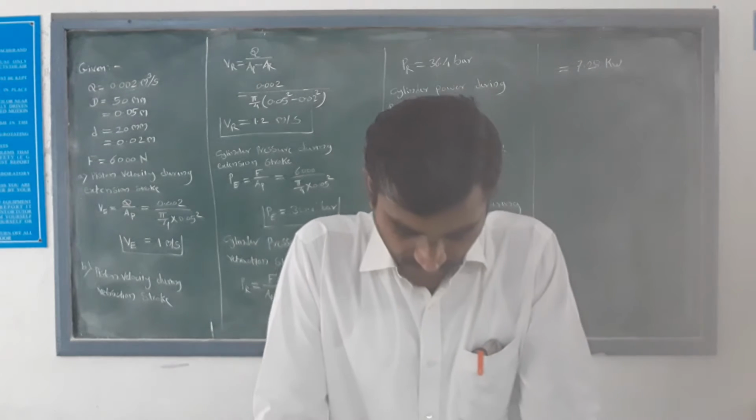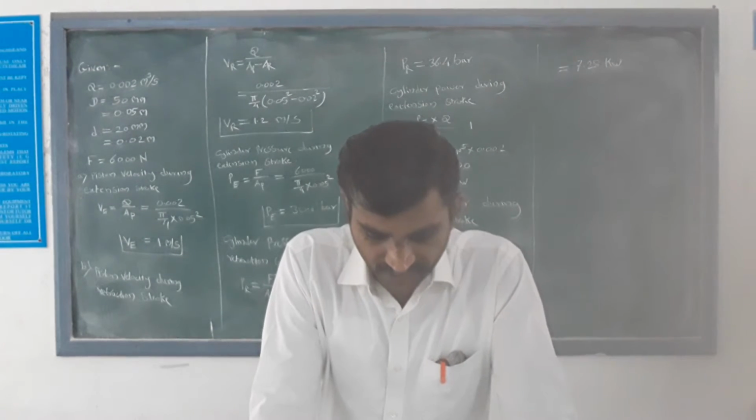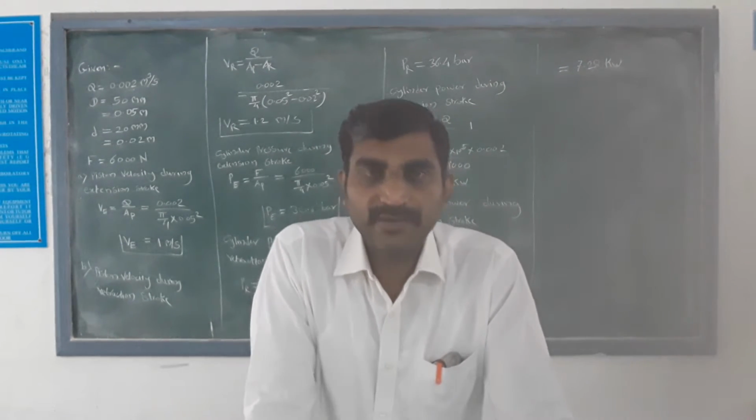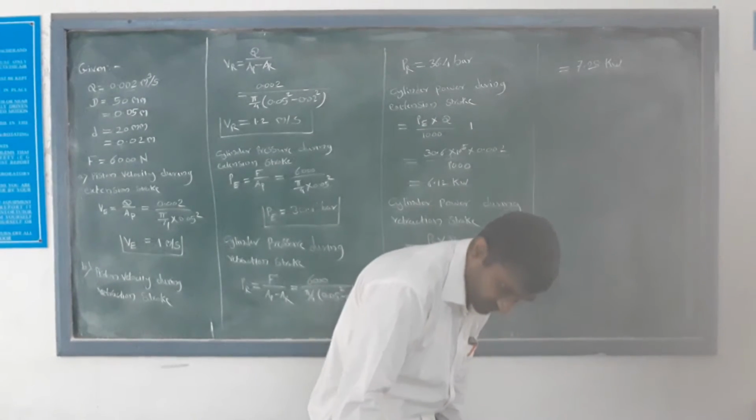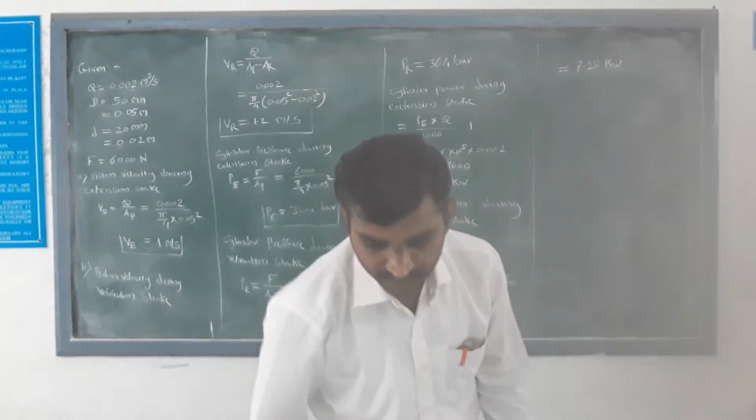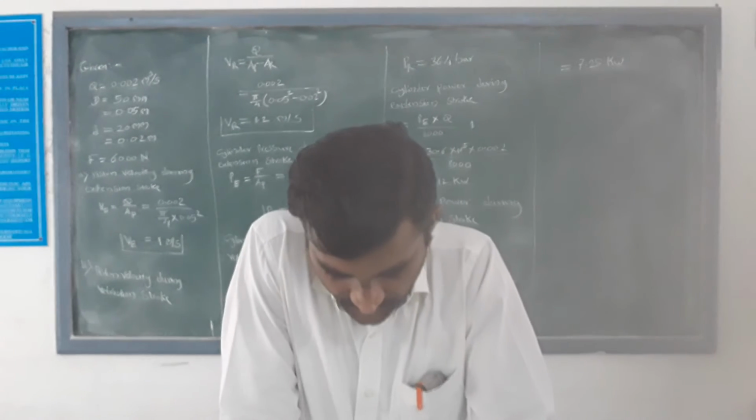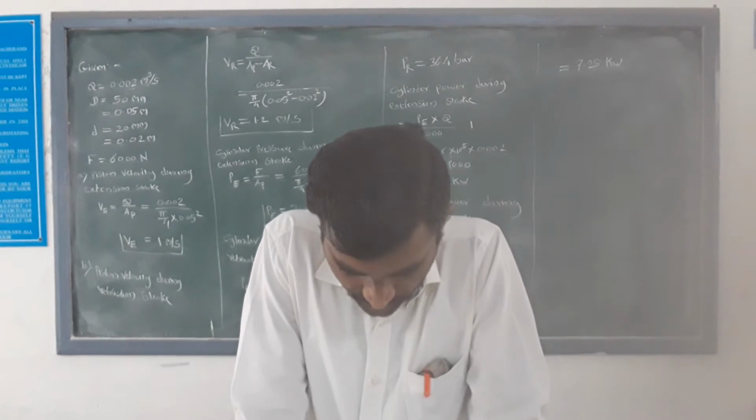A hydraulic cylinder has to move a table weighing 13 kilonewton.